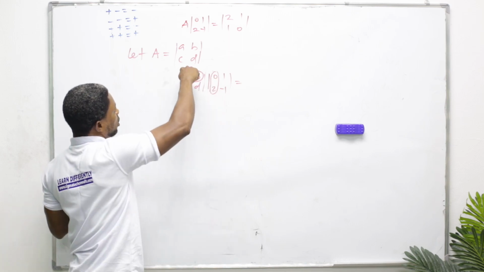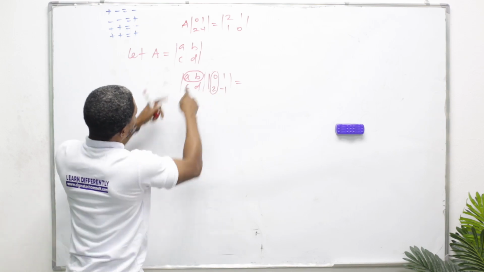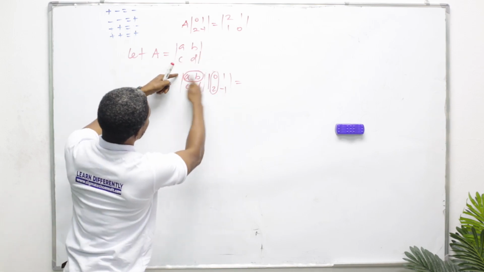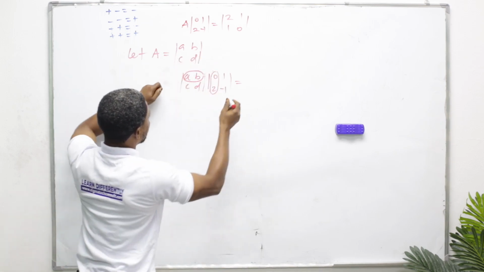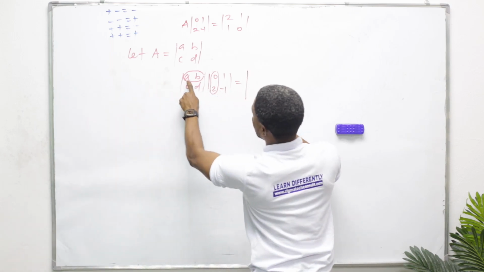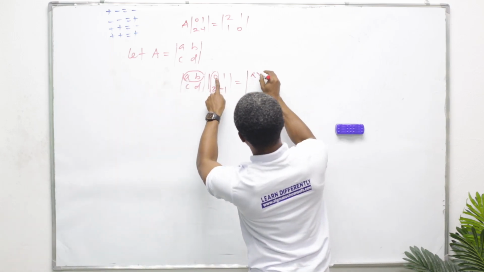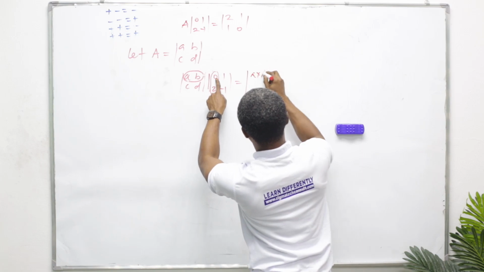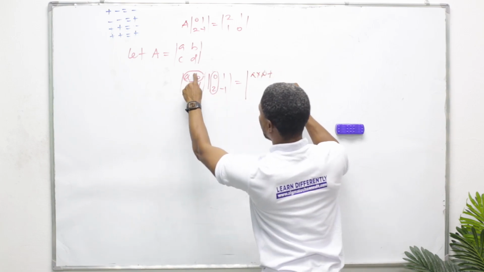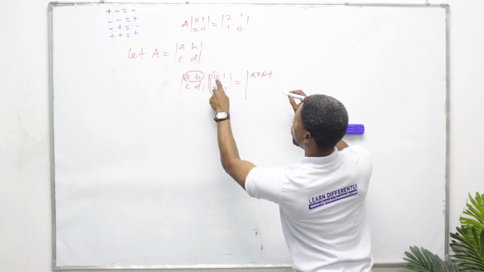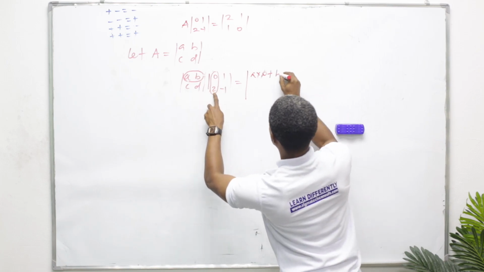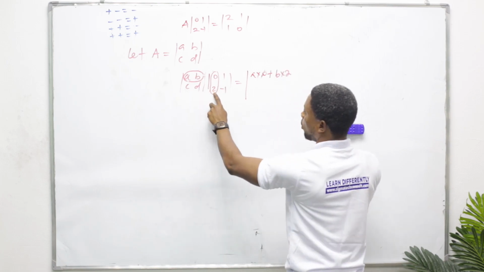No. We use your row against your column. So now let's do it together. A times 0, plus B times this one. B times this. I'm done with that one.